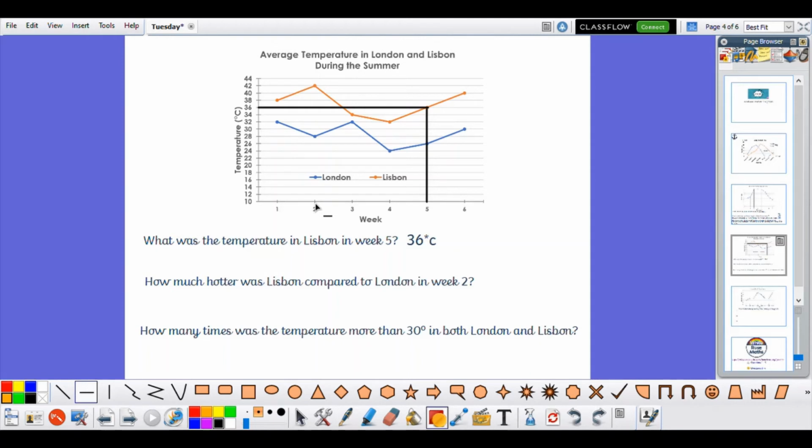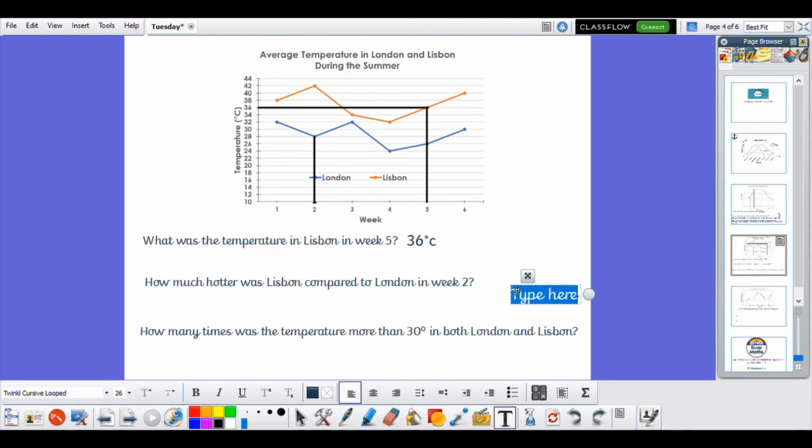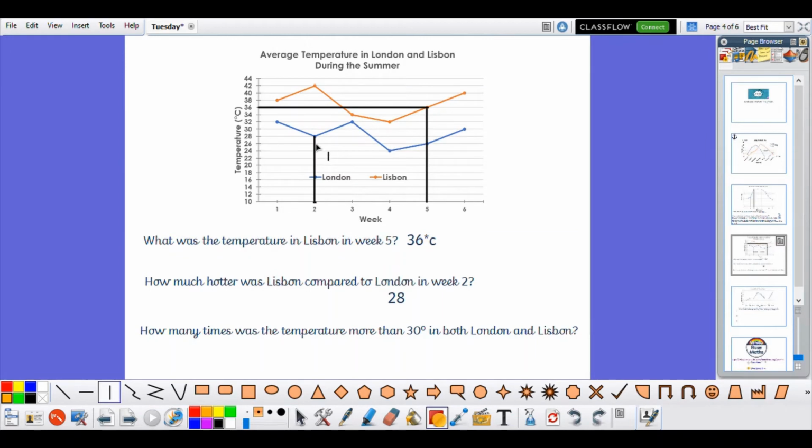So I'm going along the x-axis to 2, then up to the blue line, which would give me 28 degrees. So I've got 28 degrees in London. And then I need to do Lisbon. So I'm going to use my ruler again from week 2 up to Lisbon, and it was 42 degrees.